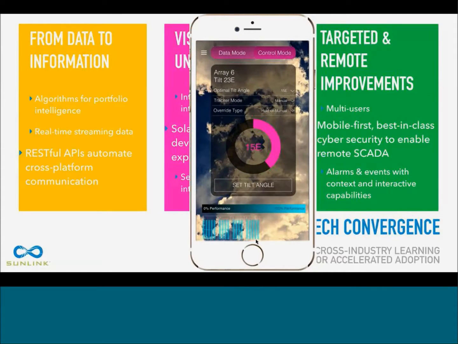So allowing remote SCADA from your phone, whether that's on the inverter, on the network switch, on anything else that we would want to control, on the tracker array, being able to remotely set those set points in order to perform how you want not only optimizes performance in real time, but it also sets our platform up to be able to participate in power markets, to be able to do some really interesting things with smart grids, demand response going into the future by building out the cybersecurity to enable this dynamic control capability.